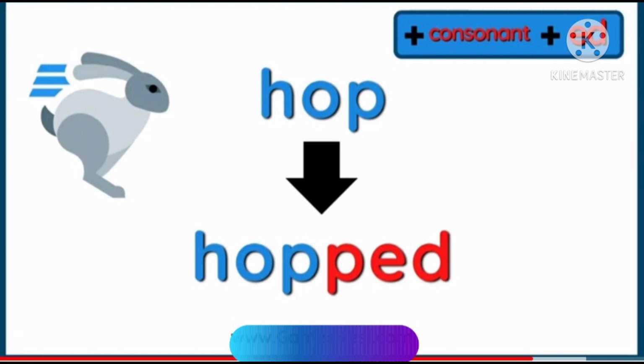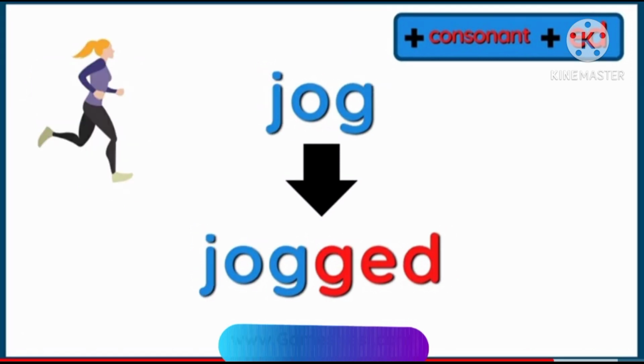Third example we will take, the base form is jog, J-O-G, where the single vowel is O and the single consonant at the end is G. What do you have to do? You have to double the consonant. That means J-O-G-G-E-D. And it will become the past tense form of the verb after adding the consonant and ED to it.